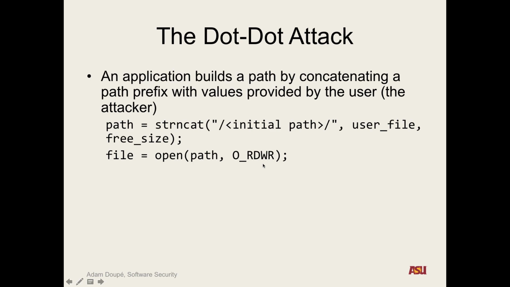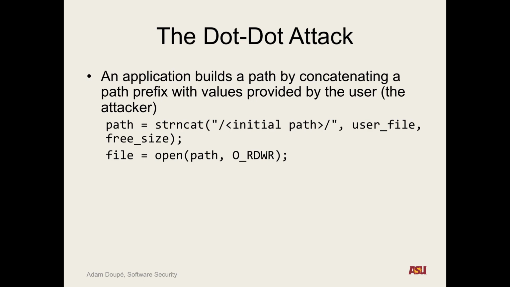So am I restricted by this? Some of the things we need to think about is what does this application, by this code, intend for the user to do? If you were coding this application, why would you write it like this? What files do you want this application to open?